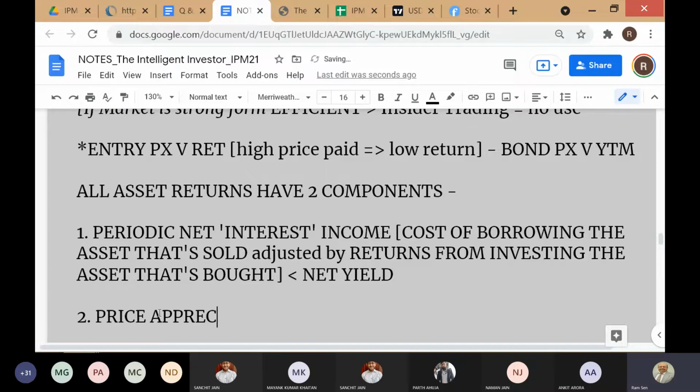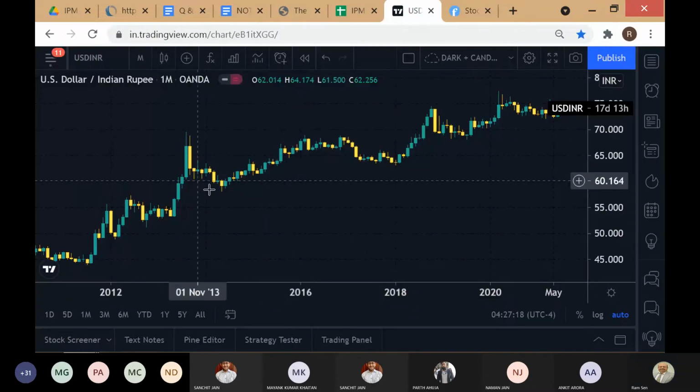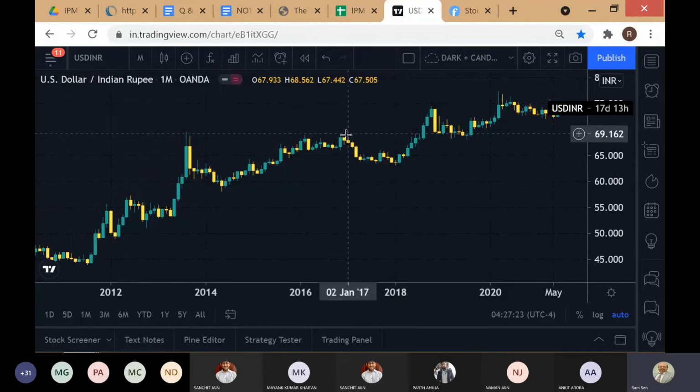Now let's not call it appreciation, depreciation. Let's call it price variation. You notice how we use the language. I was going to write appreciation, stroke depreciation. Instead of writing that, you can still keep it for your convenience to understand, but price variation takes care of both. If it is falling, it's price variation. If it is rising, it's price variation.